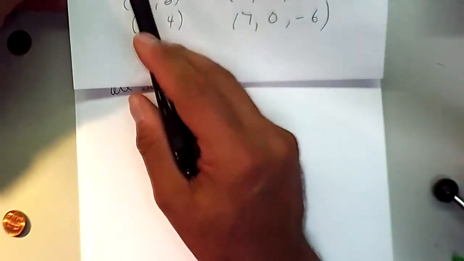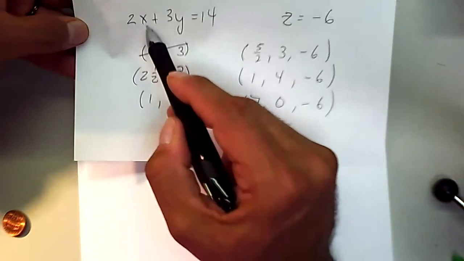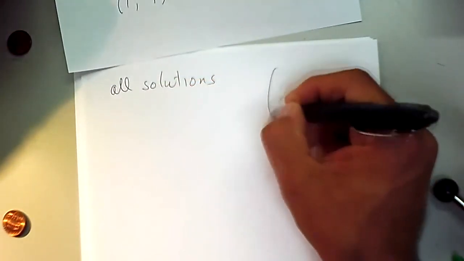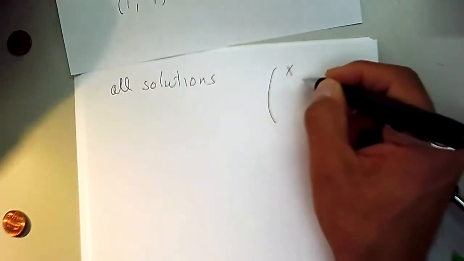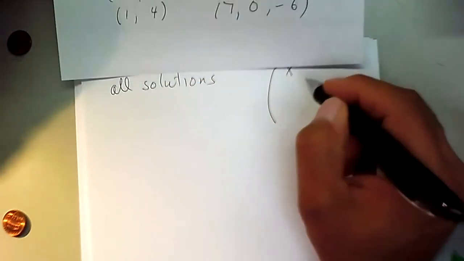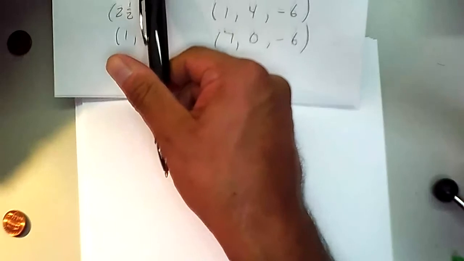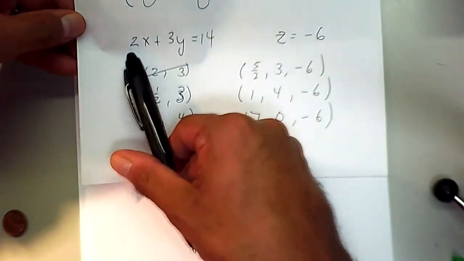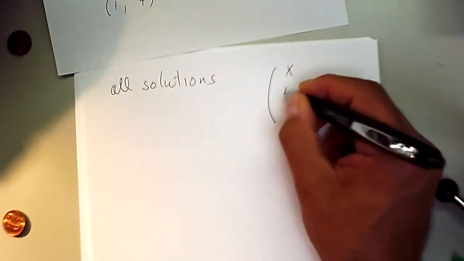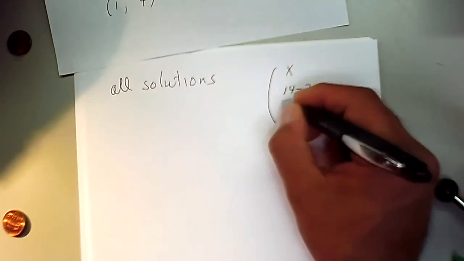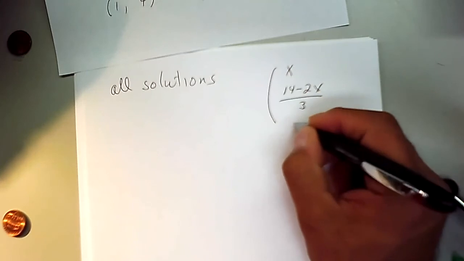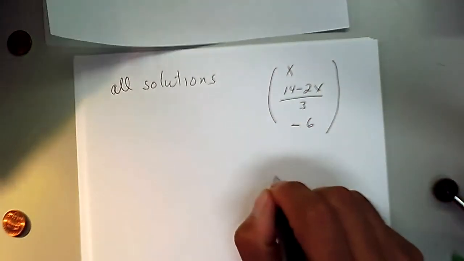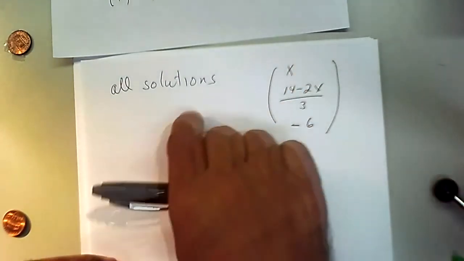We can use the parameter, the x as the parameter. So x is free to be whatever it wants to be, but once x is fixed, then y has to be 14 minus 2x over 3. 14 minus 2x over 3. And then z is stuck at negative 6. So there is one way to represent the solution.